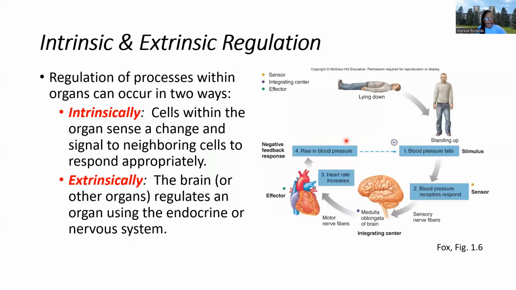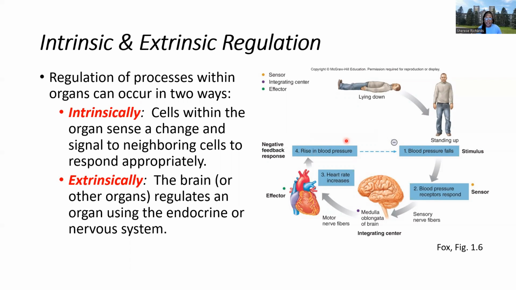All right. The last thing here is talking about how we have intrinsic and extrinsic regulation, basically regulation that happens within the cells and organs to bring about change, or we can have regulation that's extrinsic where the brain gets involved. So there are some changes that are brought about initially right at the spot where we detect that change. And a good example of this is the heart.